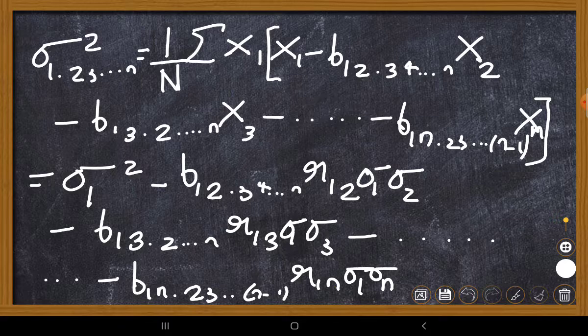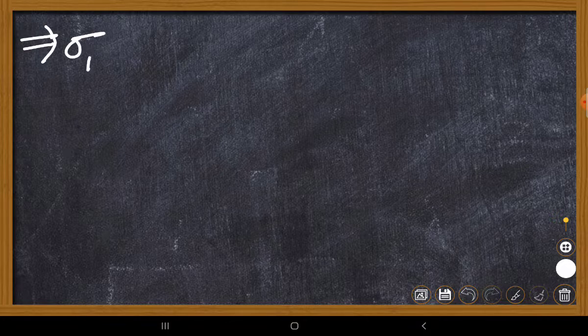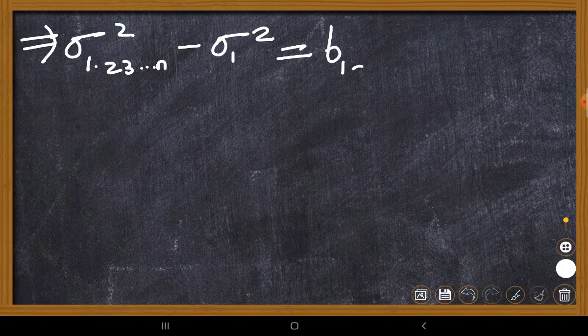So what you do is take the sigma 1 square to the left hand side. What will you have? You will have sigma 1.23 up to n square minus sigma 1 square. On the right hand side, you remain only with these regression coefficients.